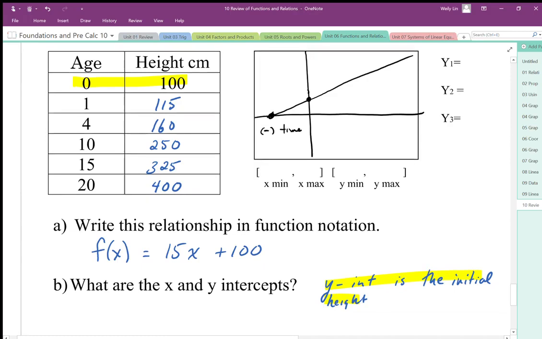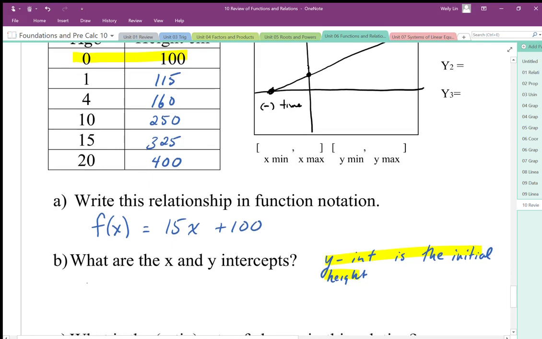It really doesn't exist. So that x-intercept is not relevant, unless you can somehow go backwards in time in this problem, which I don't think we really should assume. It's not relevant to this problem.